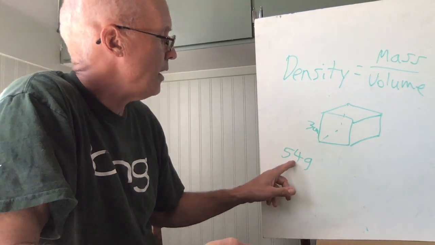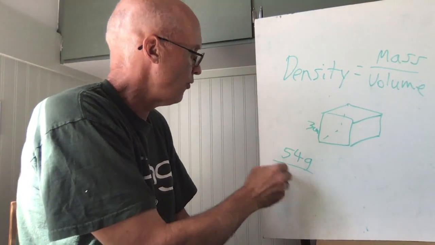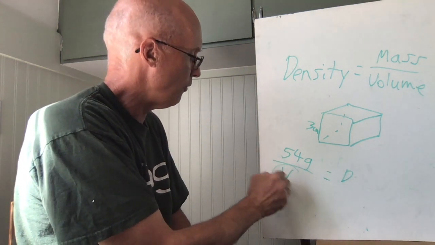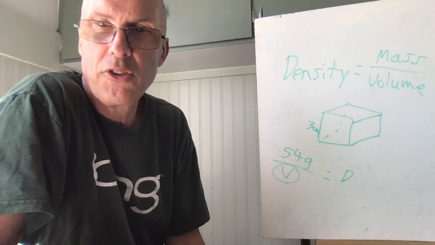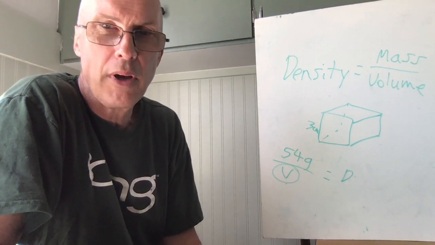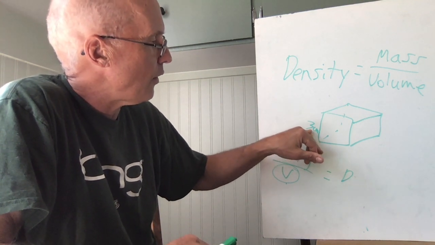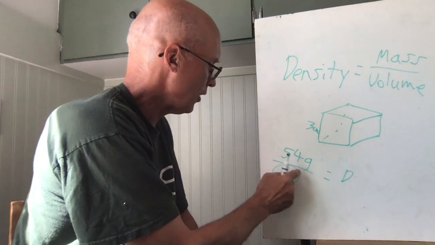Well, they give you one of them. They give you mass. So all we need to figure out, of course, is the volume. And since with your geometrical knowledge by this point, this should be a simple problem. It's length times width times height, and they're all 3. So 3 cubed is going to be 27.